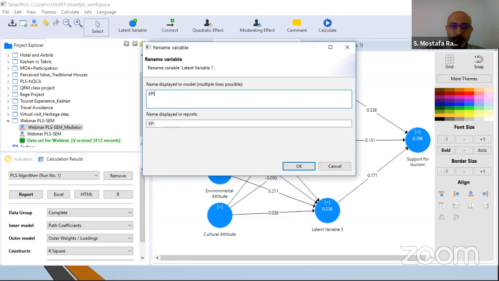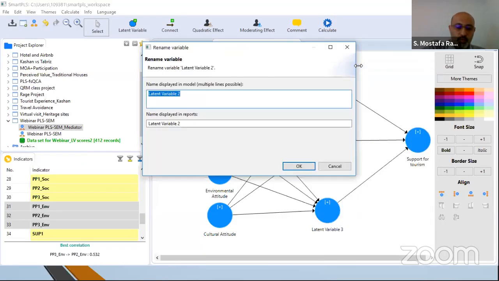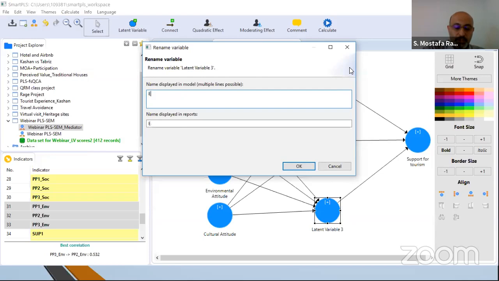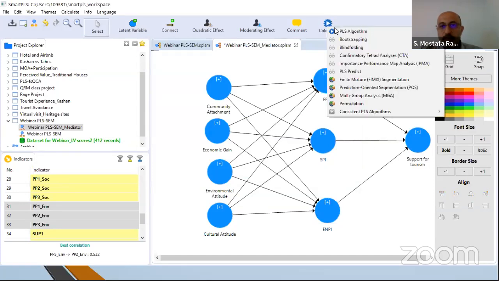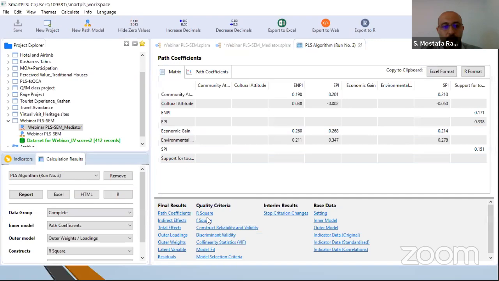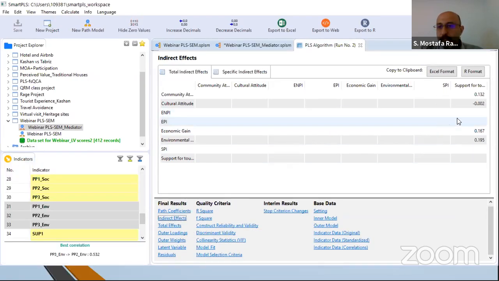Economy impact. And this one. Okay, so you can see here indirect effect.